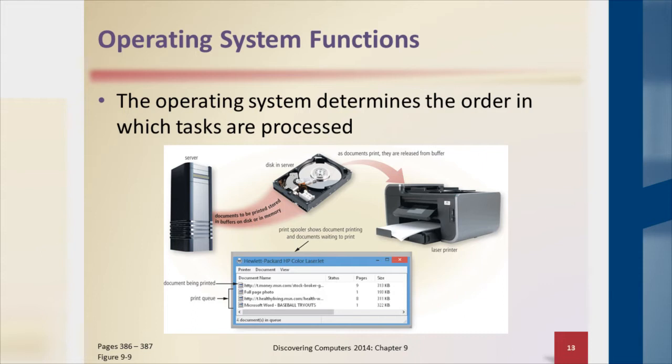The operating system's job is to make sure that one print job is completed before the next print job is started and completed. Otherwise, you might end up with different print jobs getting intermingled, with different pages for different print jobs being printed back to back, and so you end up with a mess. It's the operating system's job to make sure that doesn't happen.